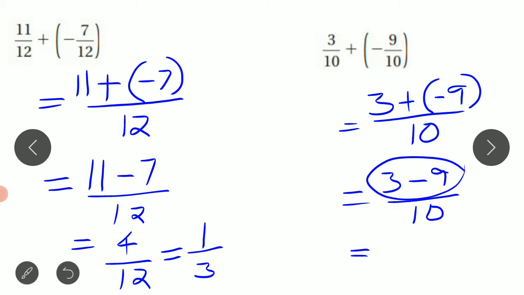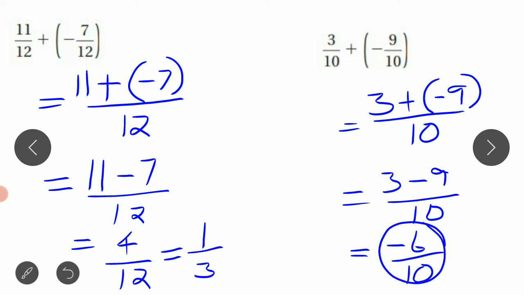Now again we are simplifying the integers, that is unlike sign, subtract, then we place the greater number's sign. So we get minus 6, 9 minus 3 is 6, and the greater number's sign is minus. So minus 6 by 10. So check again, is this in the simplest form? No, because further we can simplify.